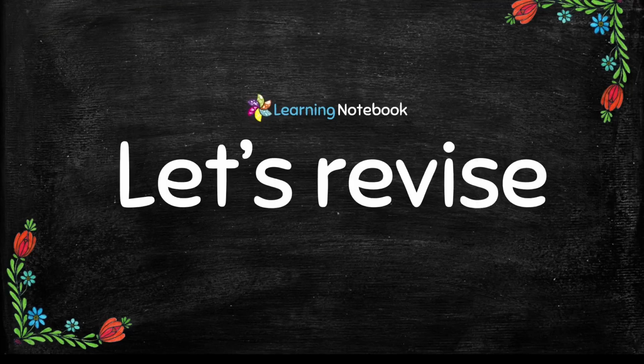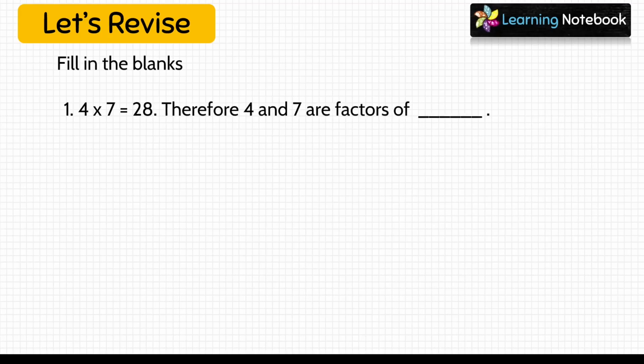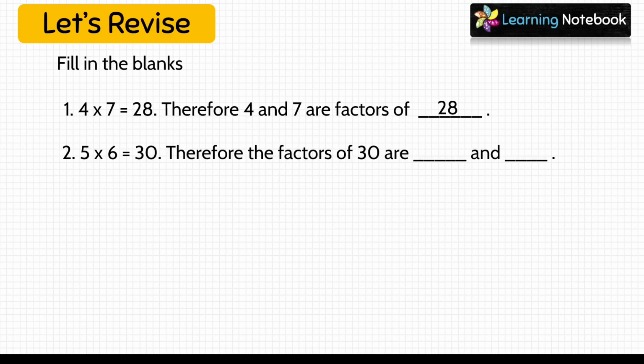Now let's revise properties of factors with the help of an exercise. Fill in the blanks. First question is 4 multiplied by 7 equals 28. Therefore, 4 and 7 are factors of dash. Answer is 28. Next question is 5 multiplied by 6 equals 30.